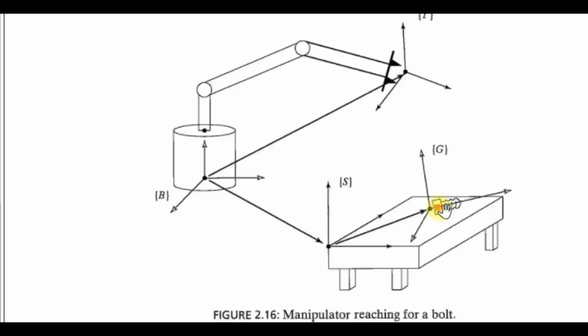Until and unless you calculate the rotational matrix, you are unable to automate the system. So how this point reaches here, you have to calculate, and on the basis of this calculation, you are able to reach this position.